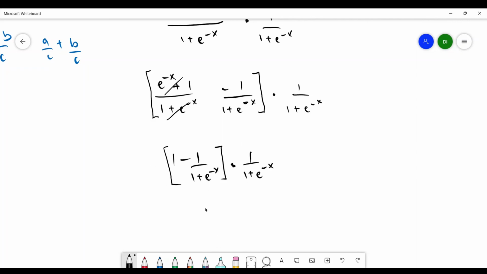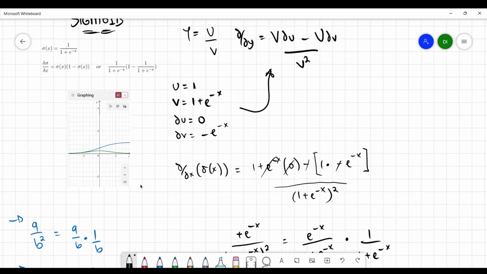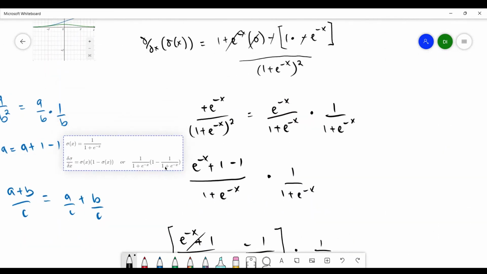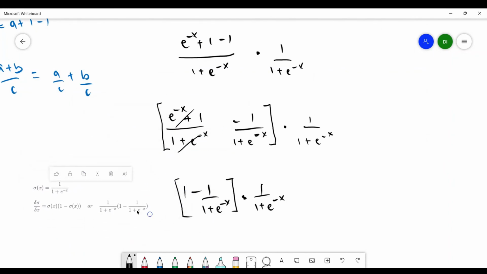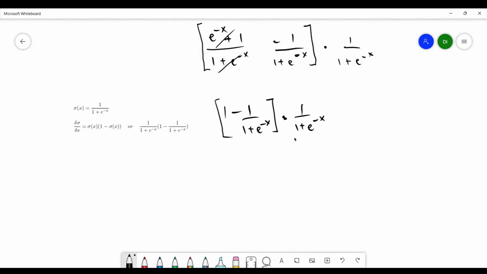Now, if we compare this to what we have over here, let's try to bring it all the way down. And we could really compare these two things. I could rewrite this so that it looks something like this. So bring this guy to this side.